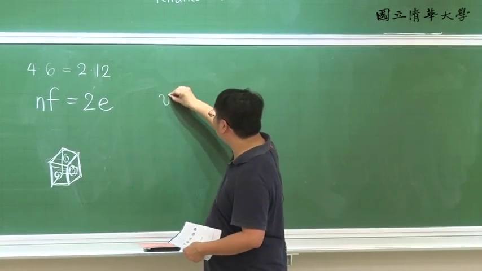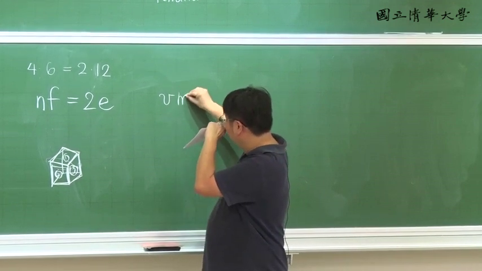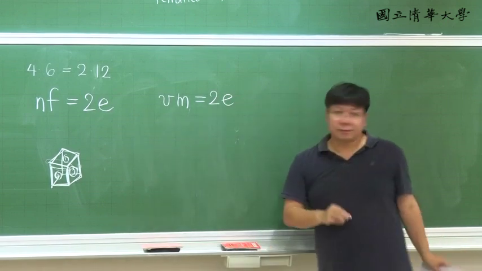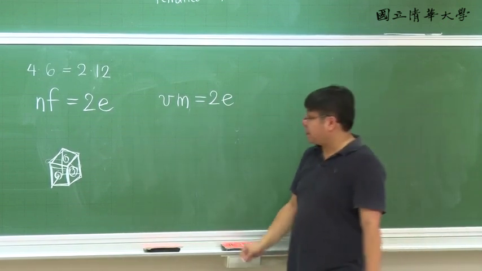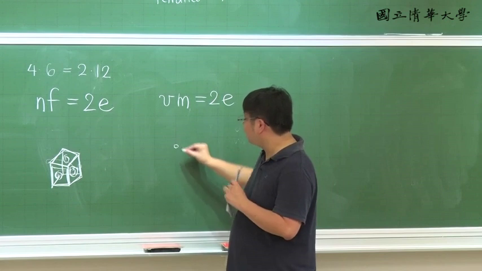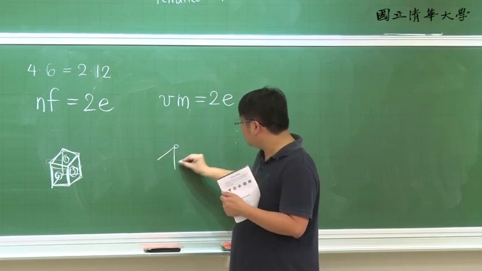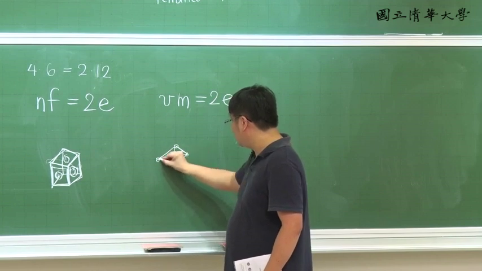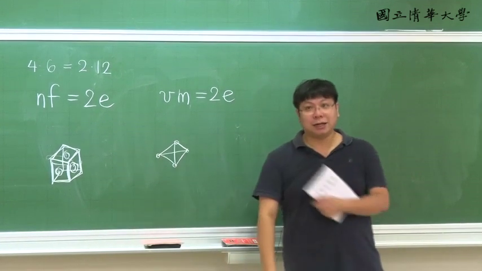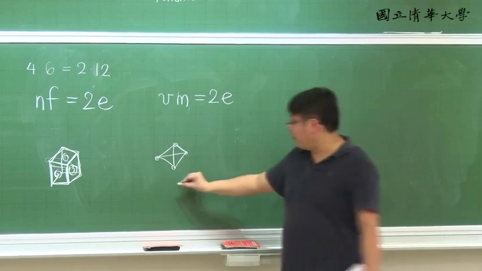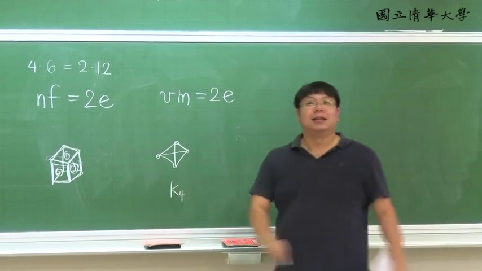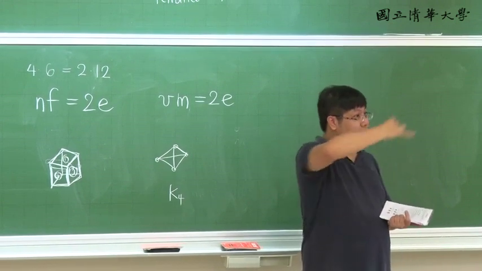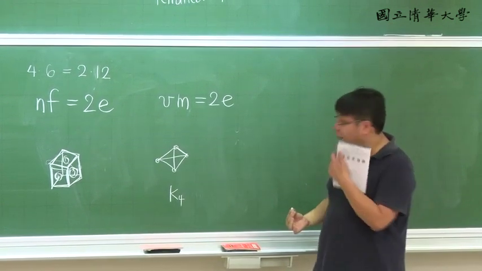Now, again, we use the same idea. We have V times M is equal to 2 times E. What is V times M? V is the number of vertices. This time let's use a tetrahedron. This is the tetrahedron. Actually, a tetrahedron is a K4. You have 4 vertices, and each pair of vertices is joined with an edge. So it is a K4.